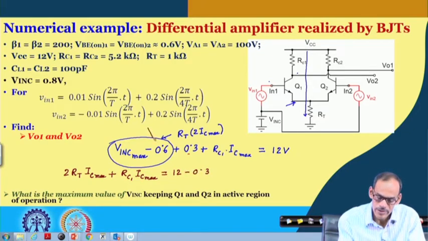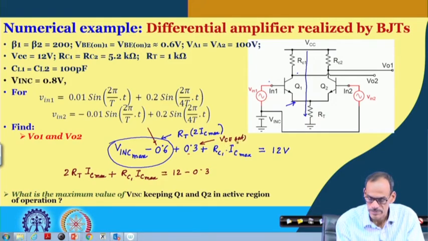And as I said that this 0.6 it is V_B1 and this 0.3 it is V_CE saturation limit.